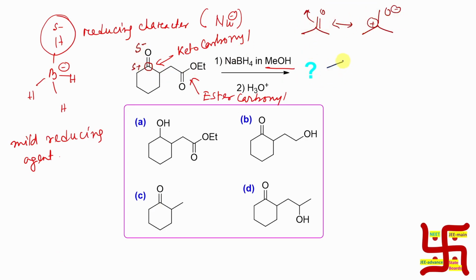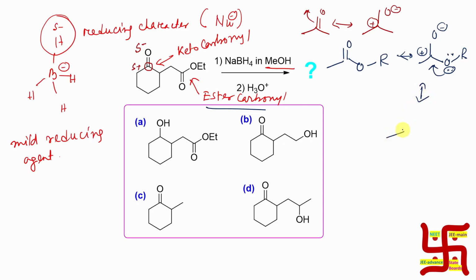Now if you compare this with another carbonyl, this one, this is called ester carbonyl, as I told. In this case, such kind of canonical form is possible. So you can write O minus carbon plus, where oxygen is attached, but this canonical form is stabilized to some extent by the lone pair of the adjacent oxygen.